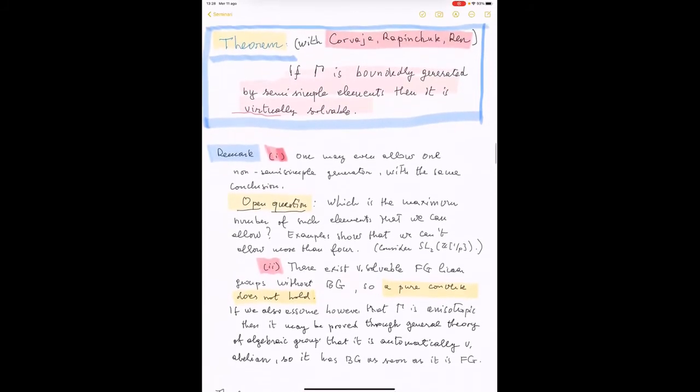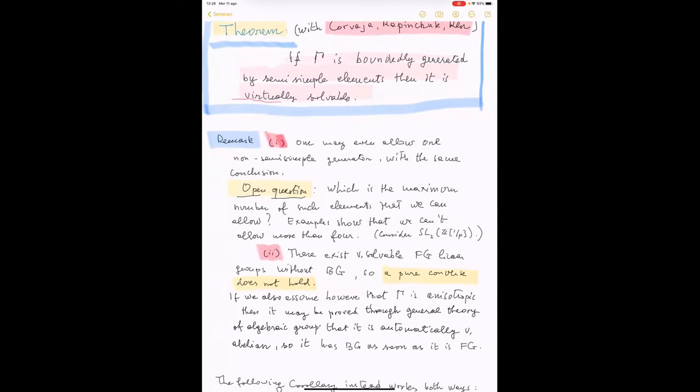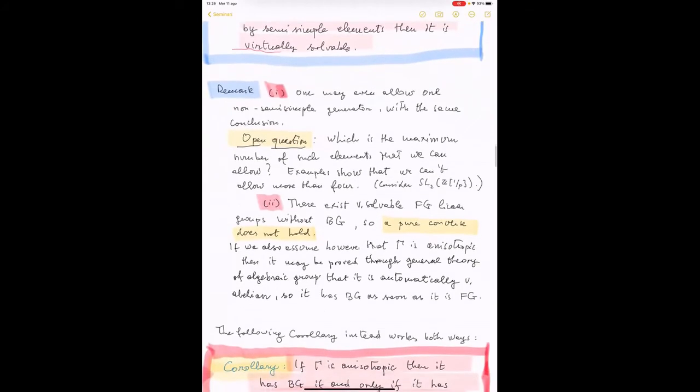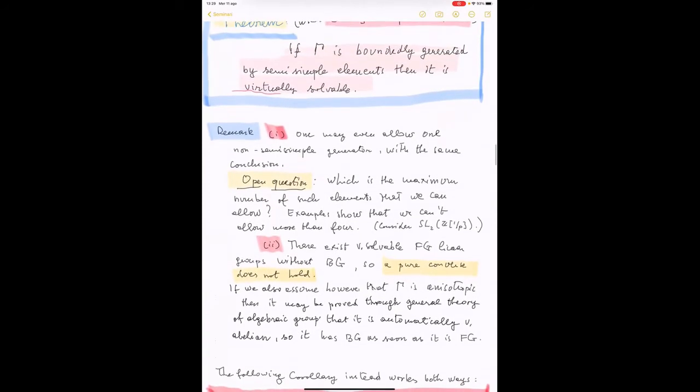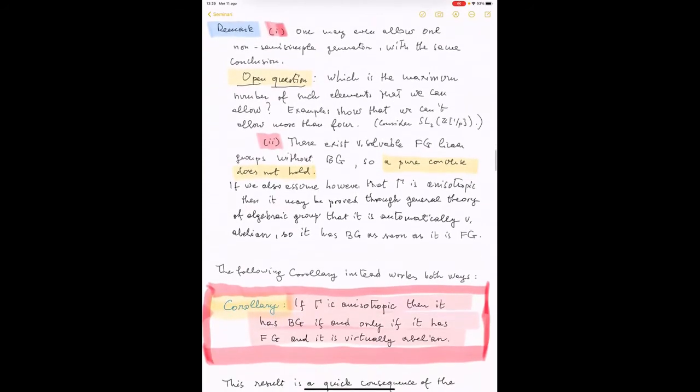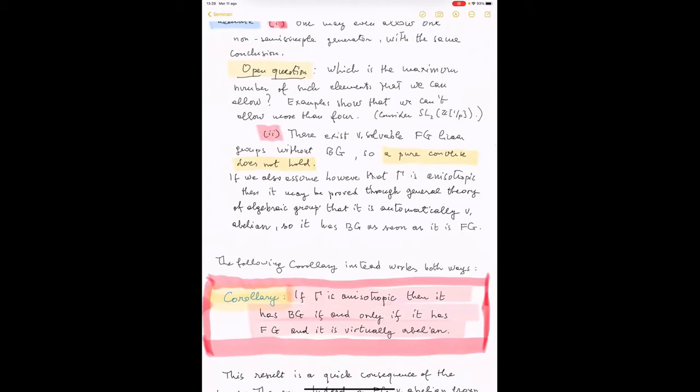And let me remark that the theorem draws the conclusion that gamma, if it is boundedly generated by semi-simple elements, is virtually solvable. But there exist virtually solvable finitely generated linear groups without bounded generation. We have an example that I don't recall for lack of time, but this shows that a pure converse does not hold.